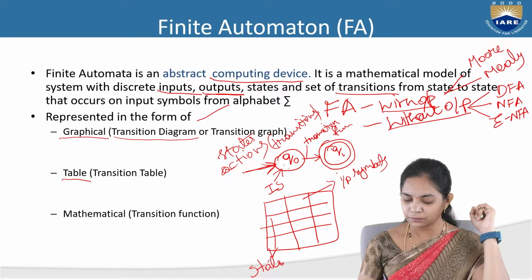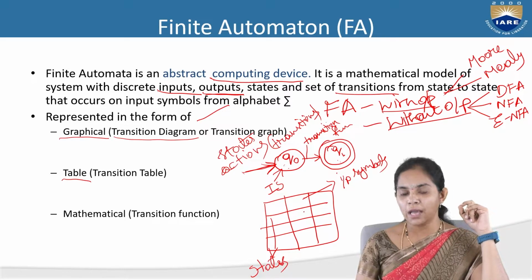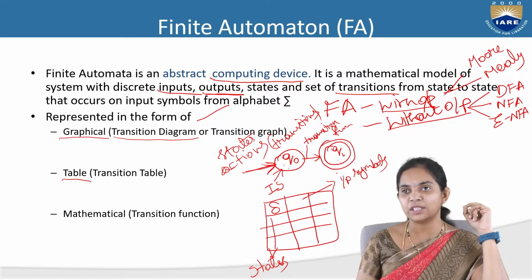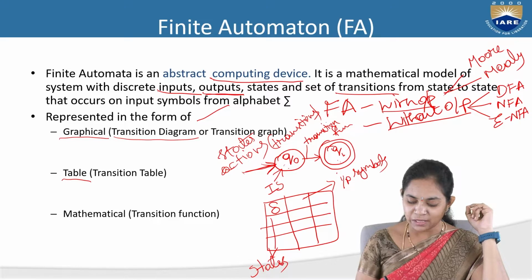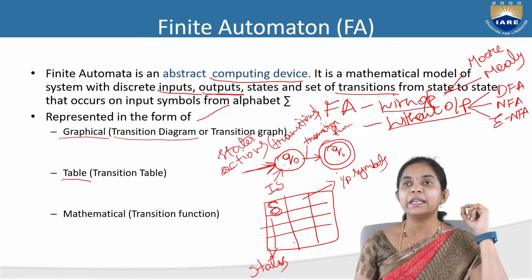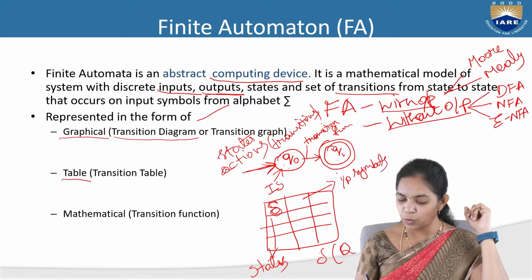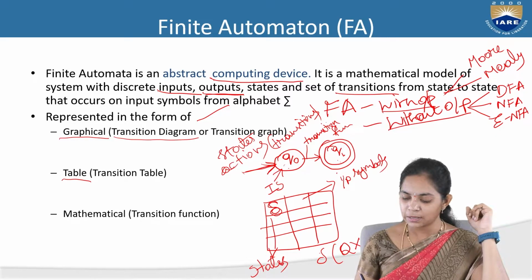Here we can represent it as a transition function. The transition function should be represented in the delta form. This is the symbol we use to represent the transition function. This transition function is a mapping from Q cross sigma to the next state.